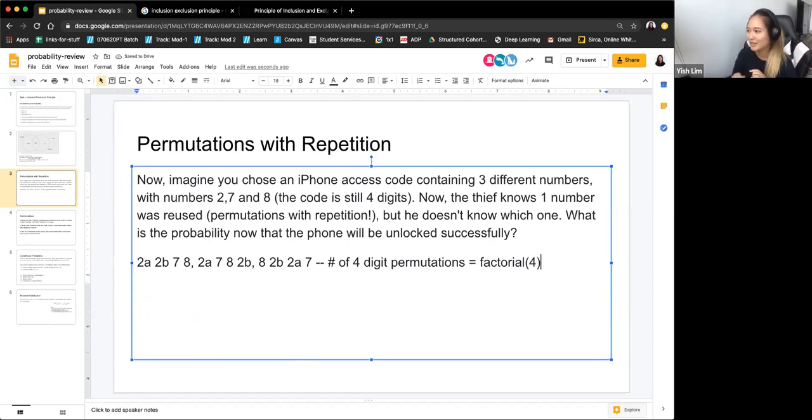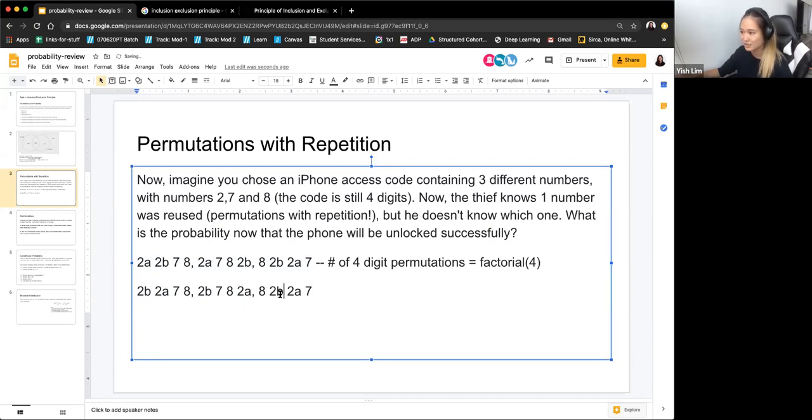All right. So now that we have factorial 4, we have to take into account these repeats. In this case, 2 is being repeated, right? So in this factorial 4, we've also counted combinations where the B's and A's are switched.